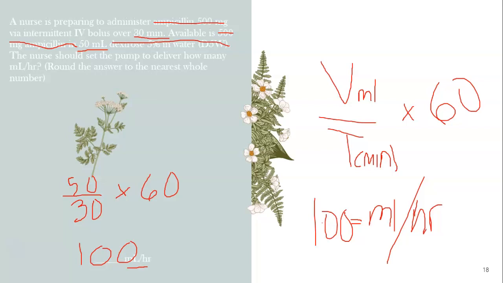So you're tricking the pump so that that 50 mils is gone in 30 minutes. Because if you put it at 50 mils an hour on the pump, it would take a whole hour to get rid of that 50. And that's not what he asked for. He asked me to run that 50 in 30 minutes.